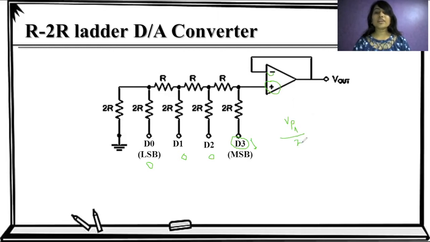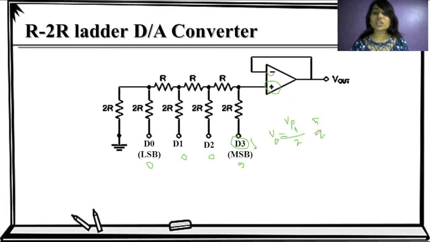For D3 equal to 1, we have the output equation V out is equal to V in divided by 2. For example, if we give 5 volts, we have 5 divided by 2, basically 2.5 volts as an analog output whenever D3 is equal to 1.